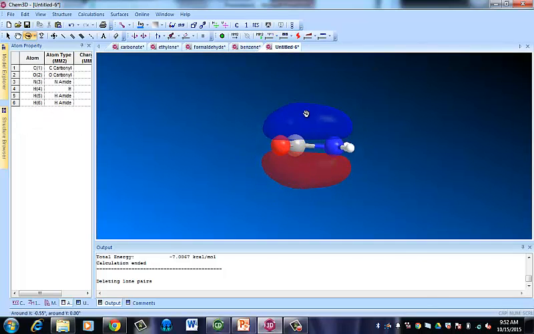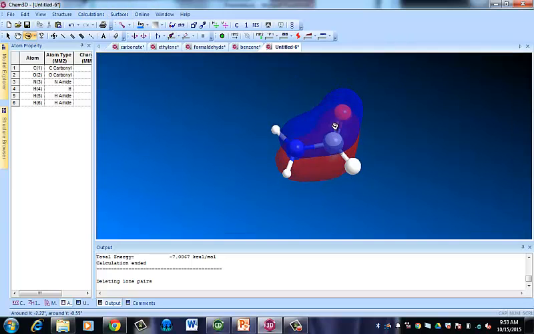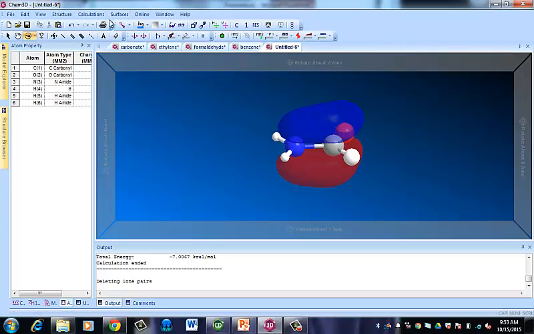So I built this molecule, and in my little program here, I built the molecule, and it does have a pi bond that is spread among the three atoms. But that pi bond is going to lie a little bit more between the carbon and the oxygen than between the carbon and the nitrogen.